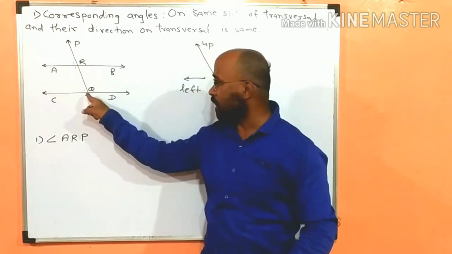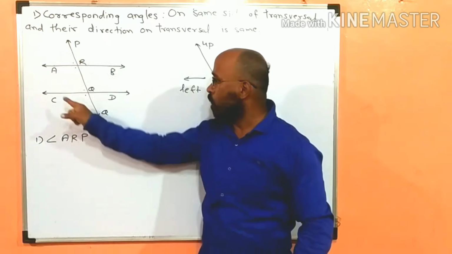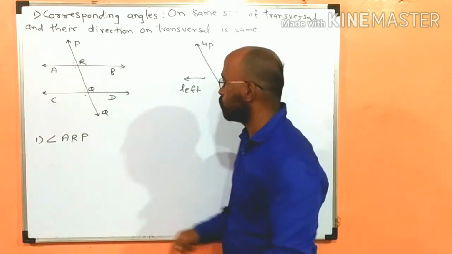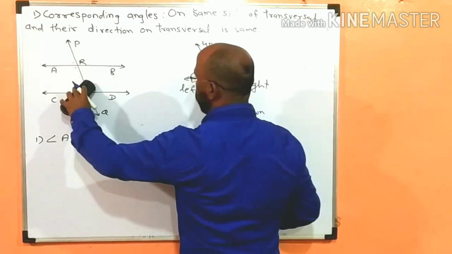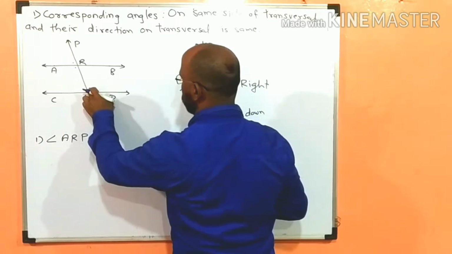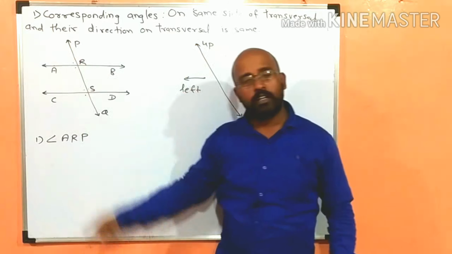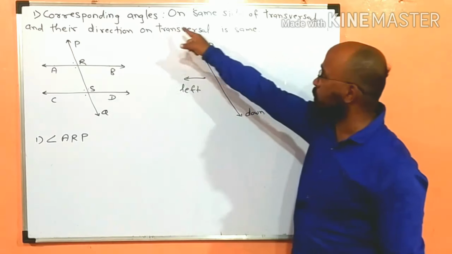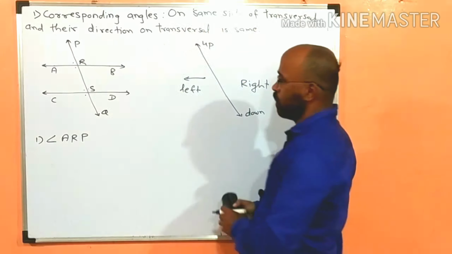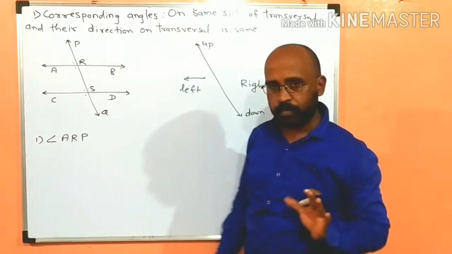Either this ARQ, or this CSP, or this CSQ. Sorry, my mistake. Here I should give a different name. Either this CSP or this CSQ, because corresponding angles are on the same side. So corresponding angle of ARP is on the left side. Clear?